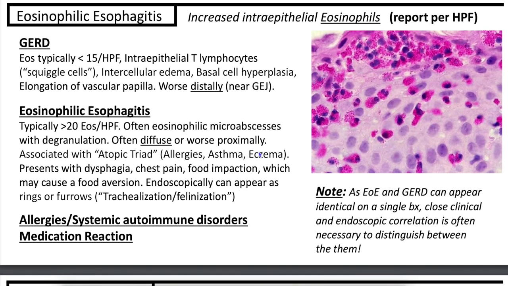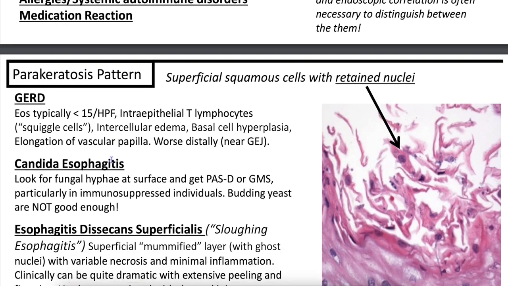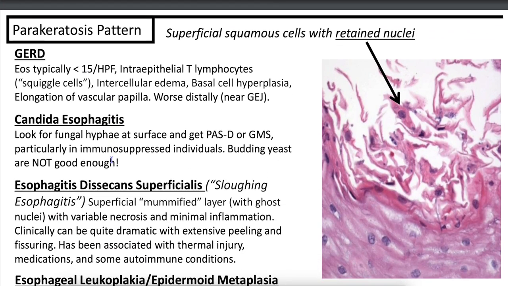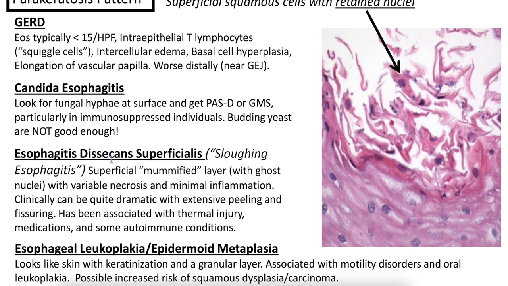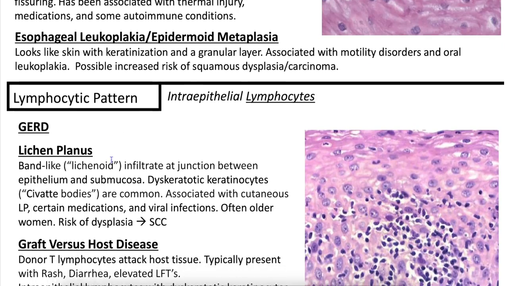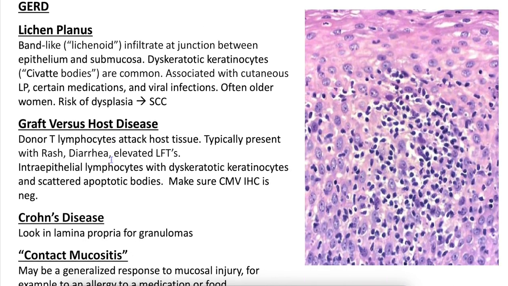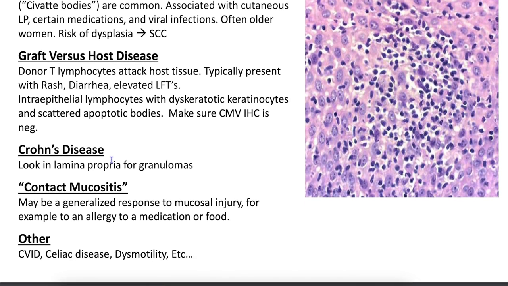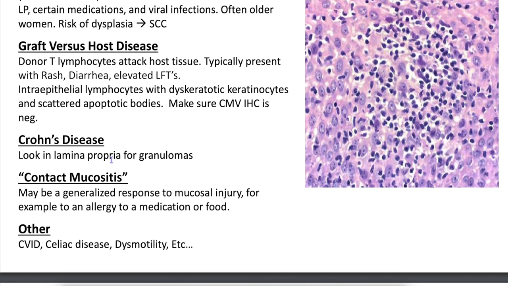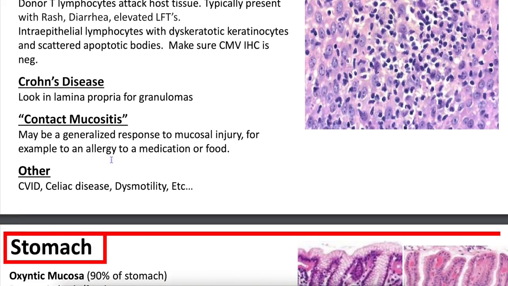Eosinophilic esophagitis, think about allergies, systemic autoimmune disorders or medication reaction, EOE, or GERD. Perikeratosis pattern, think about GERD, Candida esophagitis, esophagitis dessicans superficialis, as well as epidermoid metaplasia. And lymphocytic pattern, GERD, lichen planus, graft-versus-host disease, Crohn's disease, contact mucositis, and other entities like CVID, celiac, dysmotility.